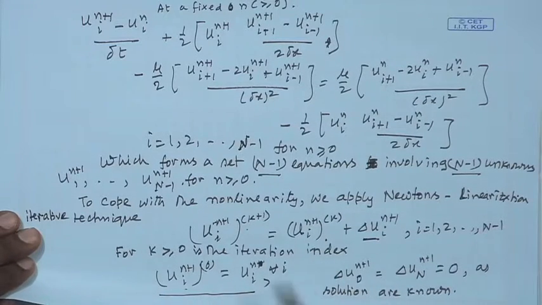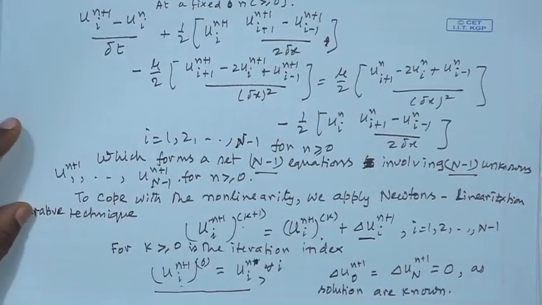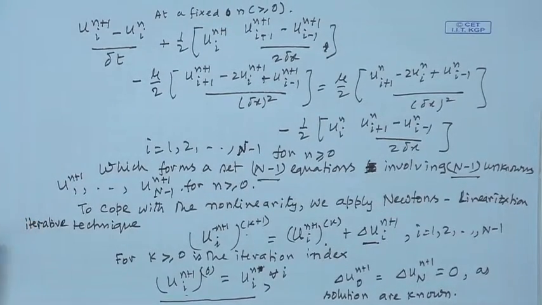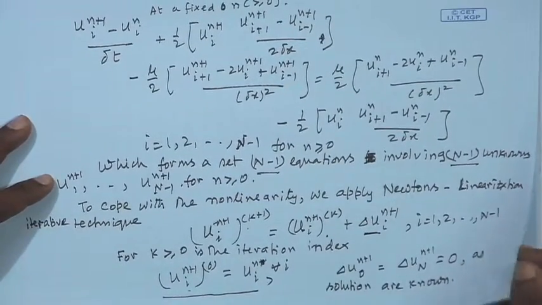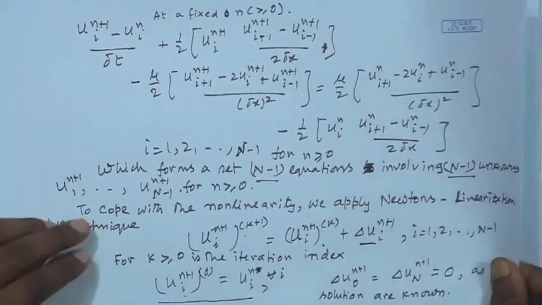Start with k equal to 0: at the first iteration this is an already known assumed value. So, the only unknowns appear in a linear fashion. That is the beauty of Newton's linearization technique, which is what we also did for the boundary value problem previously.